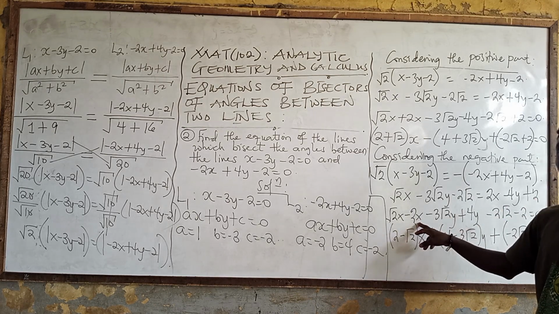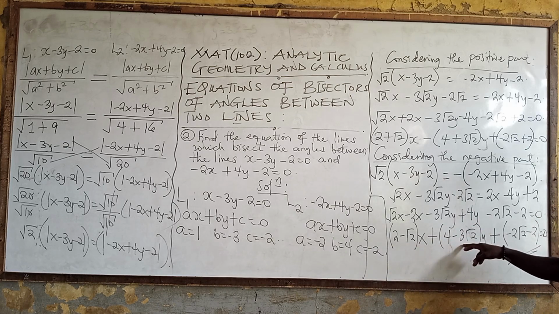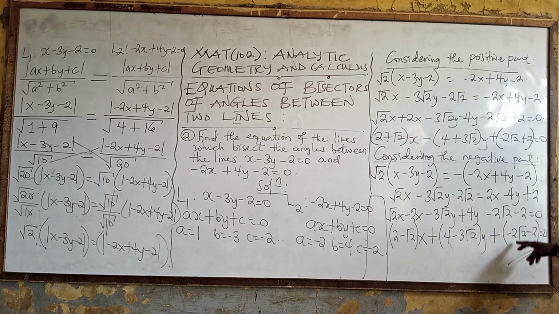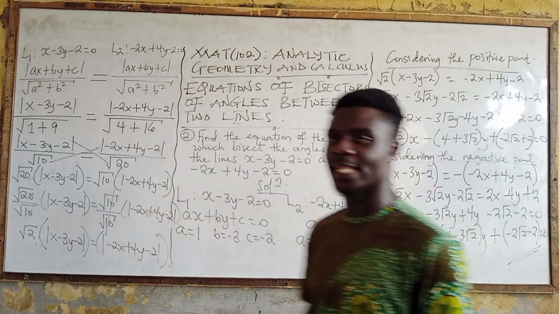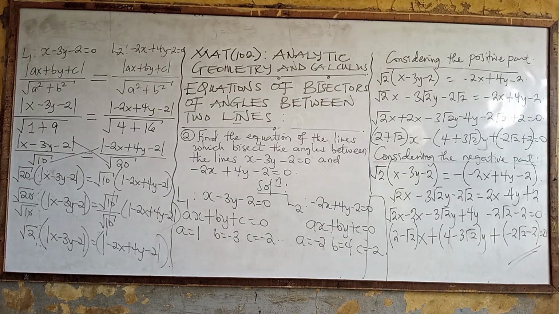So we factorize x out. So root 2 minus 2 times x, plus 4 minus 3 root 2 times y, and plus negative 2 root 2, then minus 2 equals 0. So this is the equation of the second bisector. So the first bisector we had 2 plus root 2 multiplying x, plus 4 plus 3 root 2 multiplying y, then plus negative 2 root 2 plus 2 equals 0.